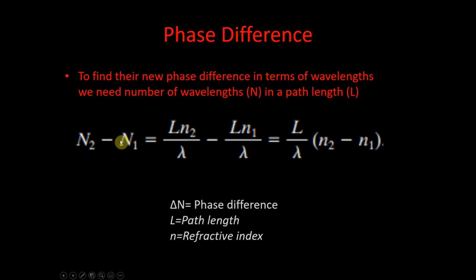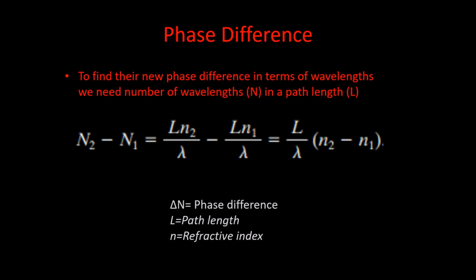So N2 minus N1, or delta N, equals L, which is the path length, times n2 over lambda, minus L times n1 over lambda, which is equal to L over lambda, and then we can factor out our change in the refractive index, n2 minus n1. So this is how different, the capital N is how different the two waves are.